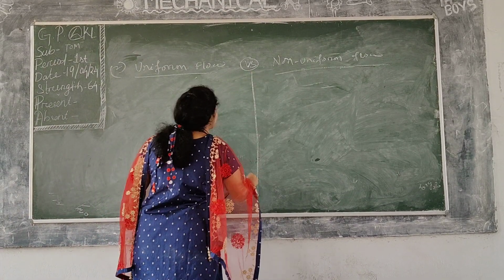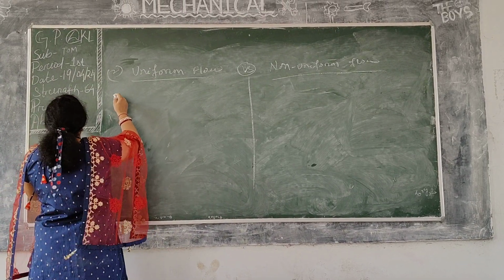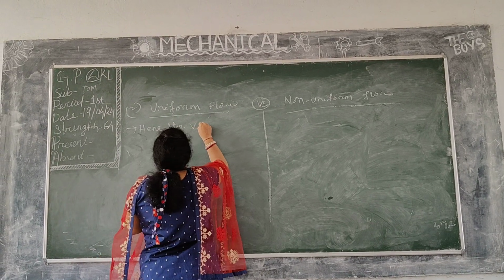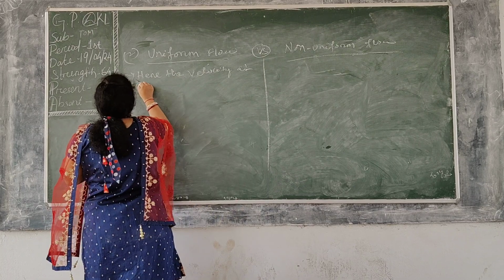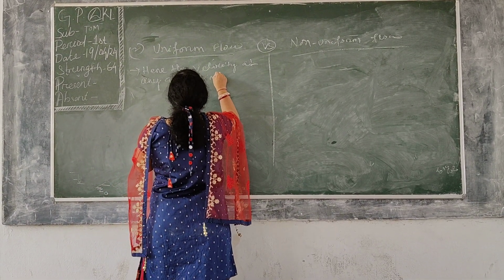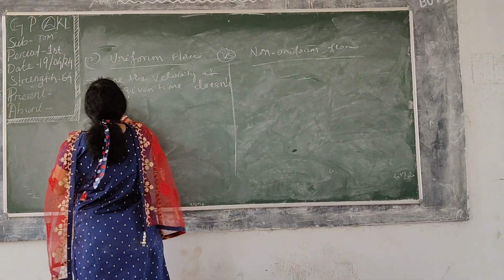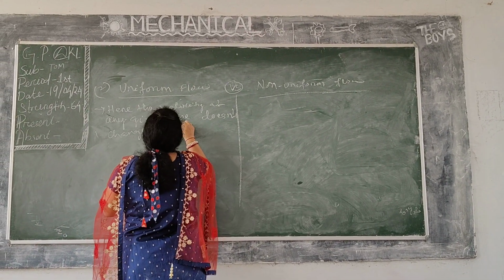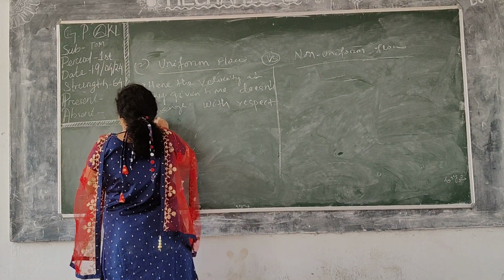We should also write it down by differentiating the two. First, what is uniform flow? Here the velocity at any given time does not change with respect to space.